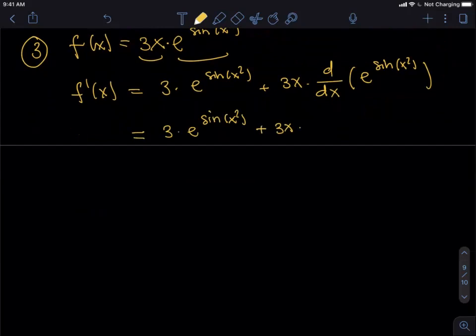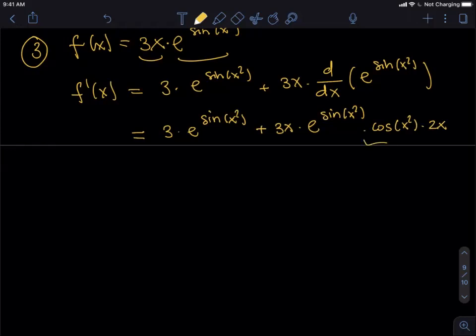But in this case it is the derivative of the outside function, the exponential, evaluated in the sine of x squared times the derivative of the inside, which is a sine. So we have a cosine of x squared times the derivative of the innermost function, which is the derivative of x squared, 2x. Okay.